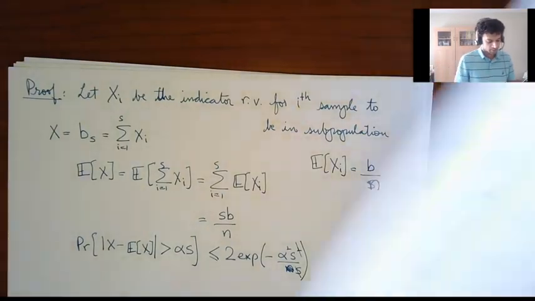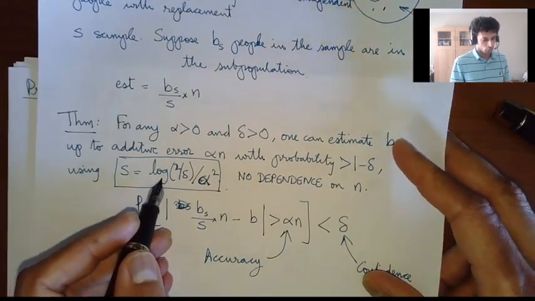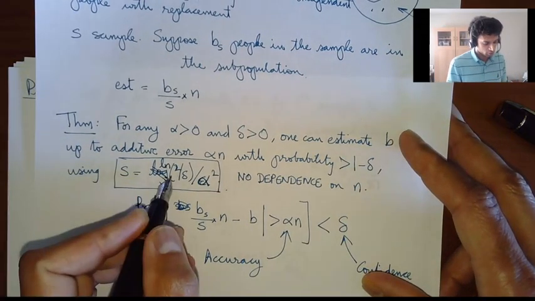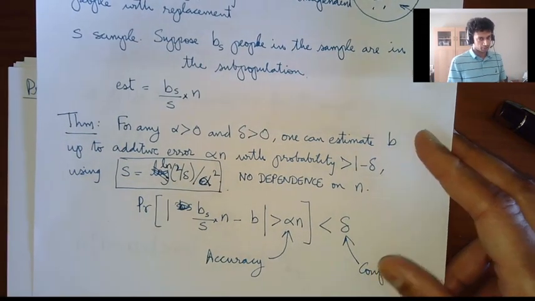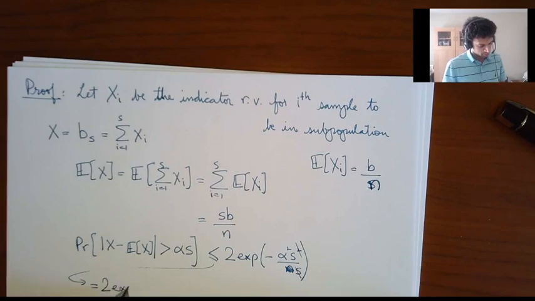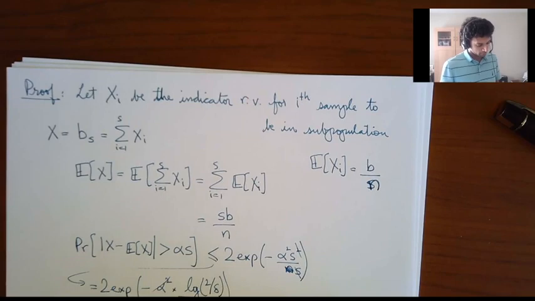Now I set my s to be natural log of 2 divided by delta, divided by alpha squared. So if I plug that in, I get this is equal to 2 times e to the minus alpha squared, and this was log 2 divided by delta divided by alpha squared, and I basically cooked all of this up so that this thing is exactly delta.